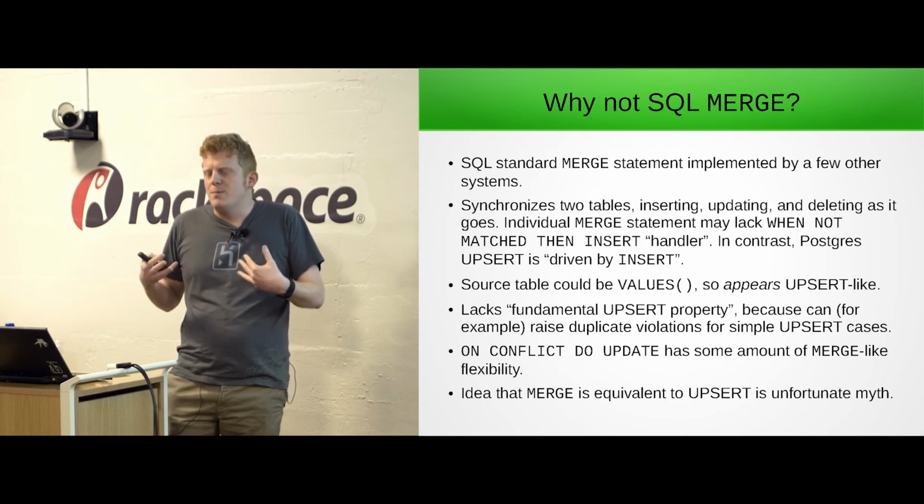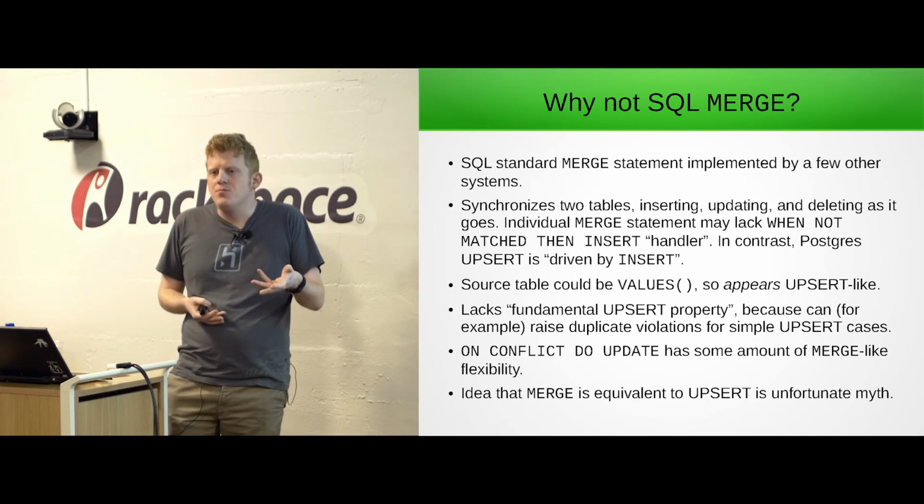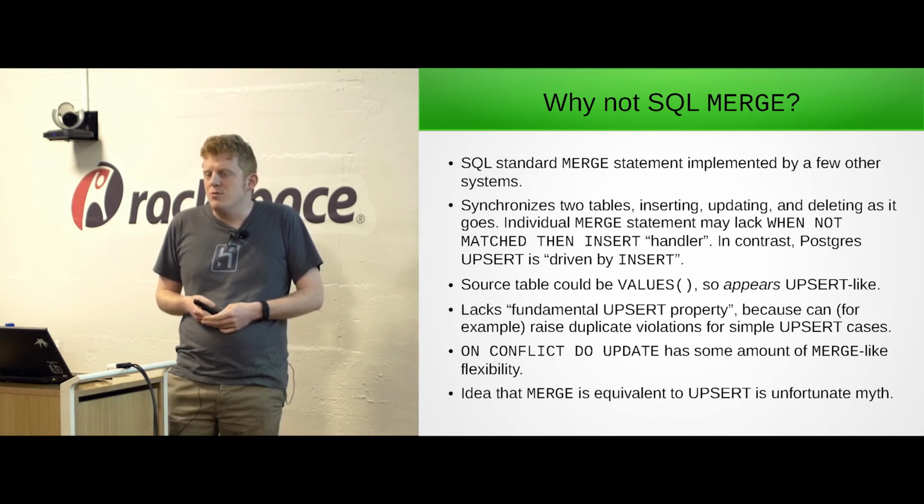Maybe one of them is a values, maybe it's an actual table in a join-like fashion. And that's different to what I'm talking about. I'm talking about the thing being based on a would-be duplicate violation. And so this is the major difference. It would be impossible for me to offer those guarantees without locking the entire table with merge, and that would not have been very good. So I didn't do that.